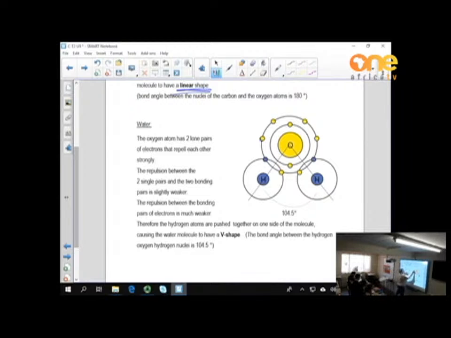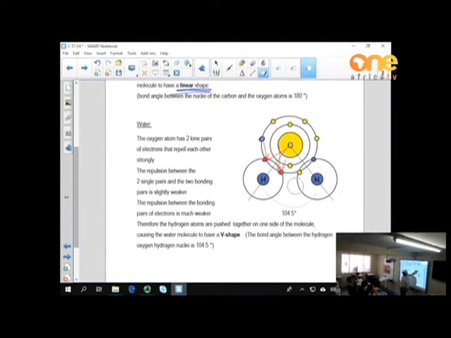We see here that the oxygen has got two lone pairs which repel each other strongly in 3 dimensions, as far away as possible. Then we have a bonding pair over here, and a bonding pair. So the repulsion between bonding pairs and lone pairs is also fairly strong, but not as strong as between the lone pairs only.